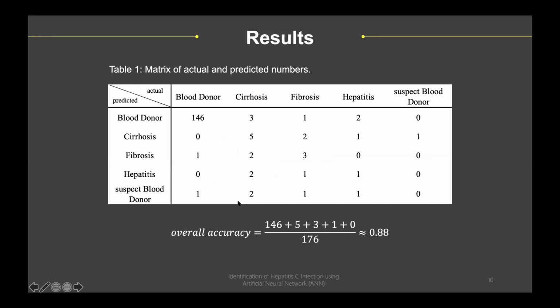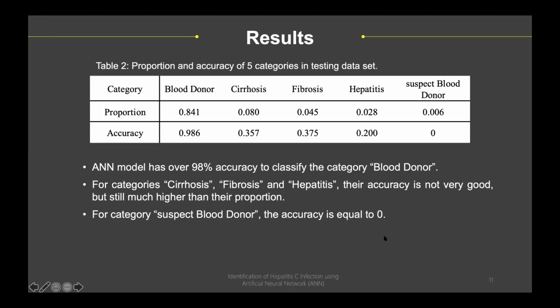So we can calculate the overall accuracy, which is equal to the sum of diagonal numbers divided by all samples in the testing dataset, approximately 0.88. And actually, that is quite a good result.